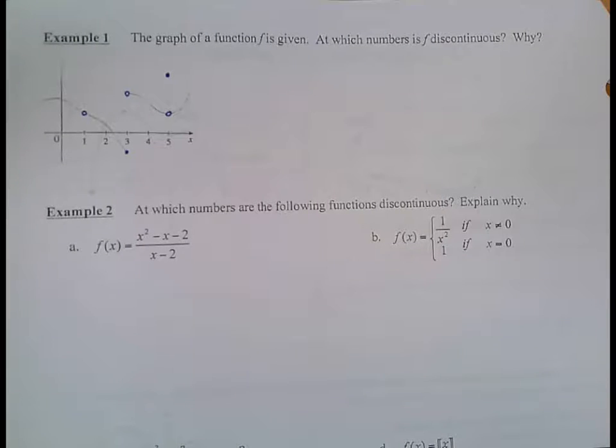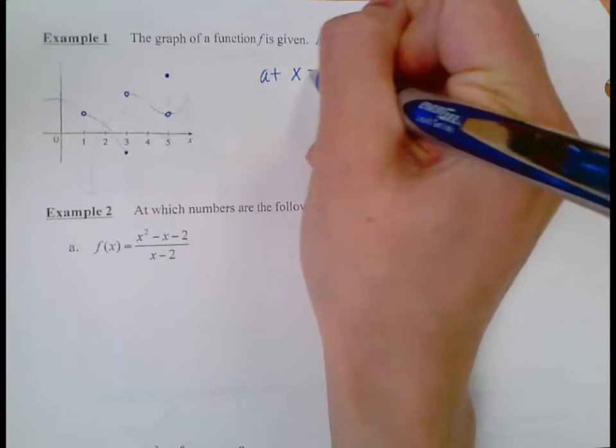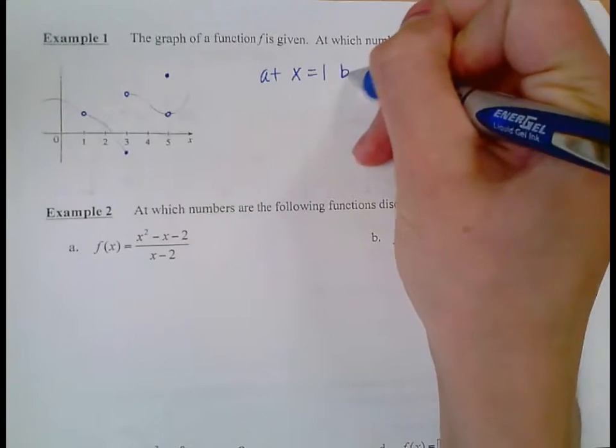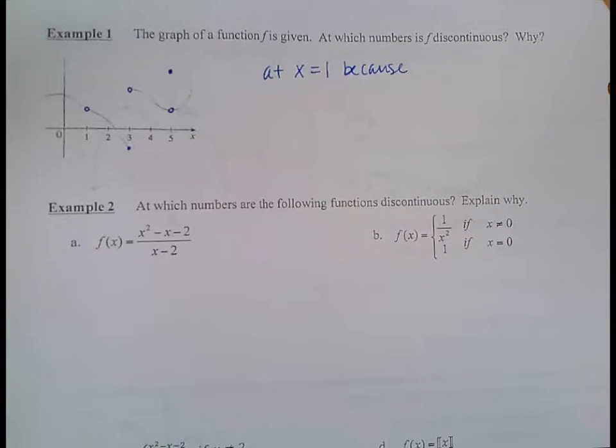All right, so in looking at this, what is an x value you would say at which this function is not continuous or is discontinuous? 1. At 1, okay, x equals 1. So which of those three requirements is not met at the x value 1?